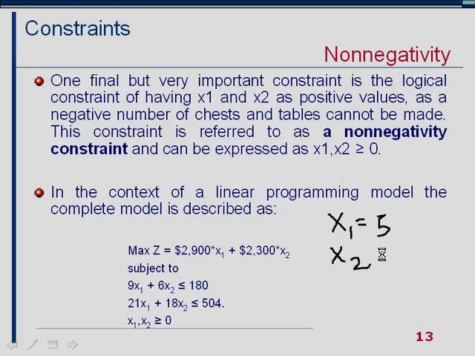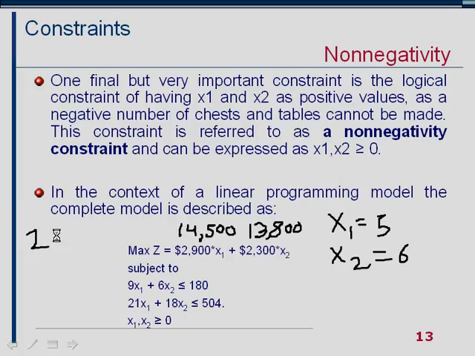We could solve this: 2900 times 5 is equal to 14,500, and then 2300 times 6 is equal to 13,800. If we were to add these together, we would get 28,300.